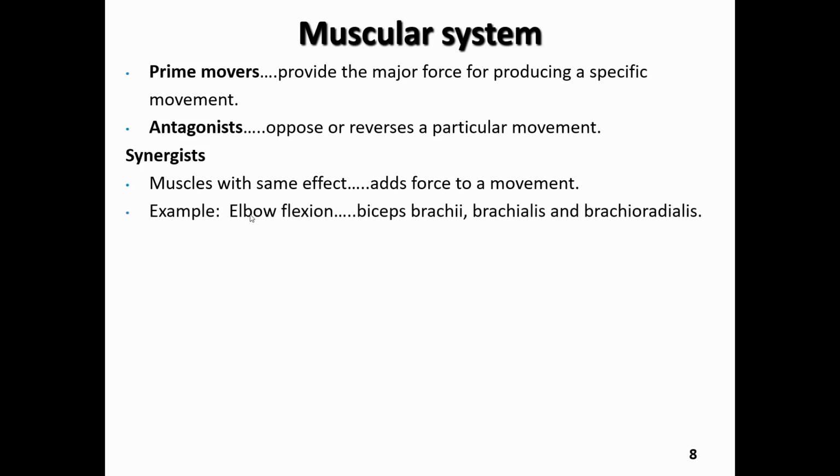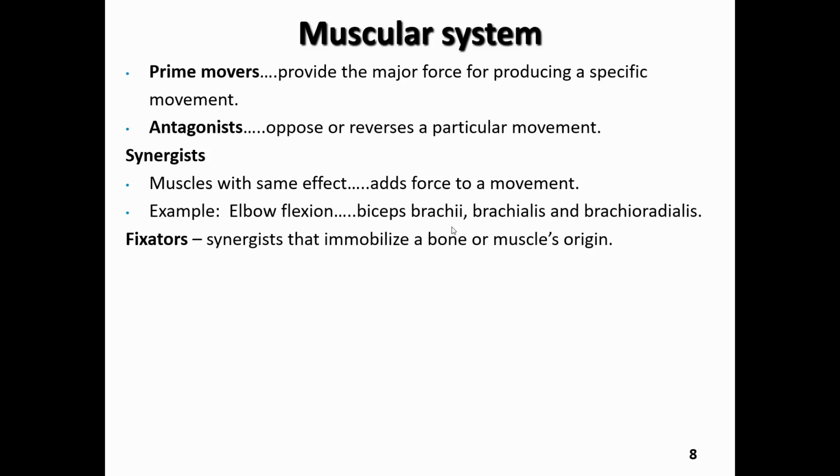For example, if we think about elbow flexion, this motion is generated by the biceps brachii, the brachialis muscle, and the brachioradialis muscle. As a result, these three separate muscles, as they all function to produce elbow flexion, are considered synergists.